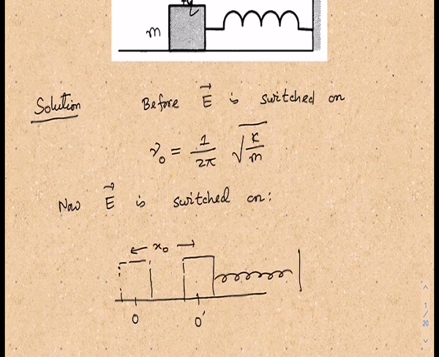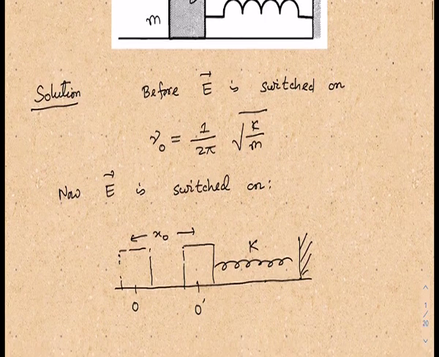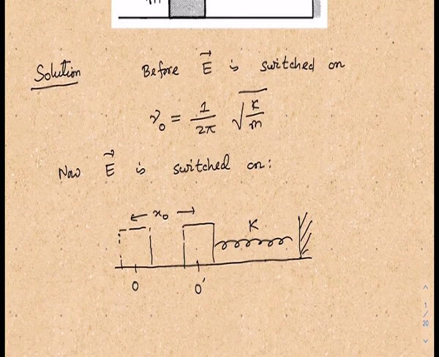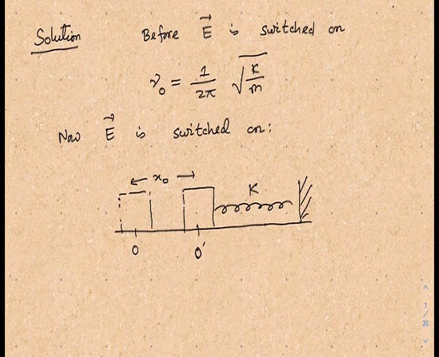The spring with constant k would be compressed by an amount x0, but at the new mean position O dash, the block will be in equilibrium.